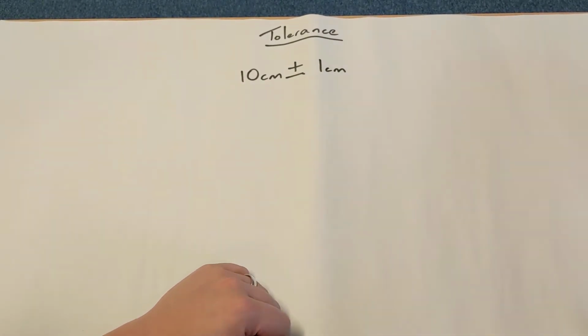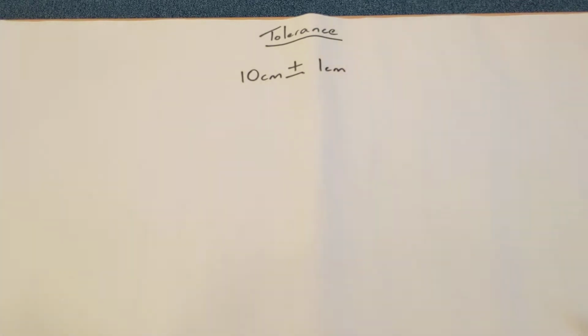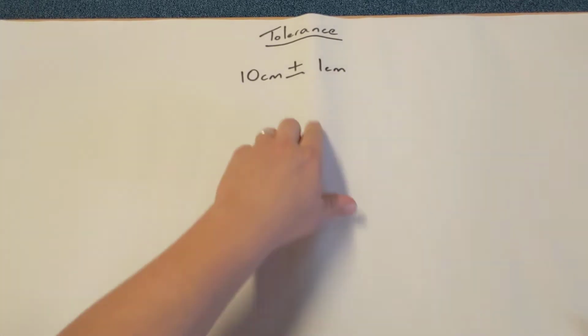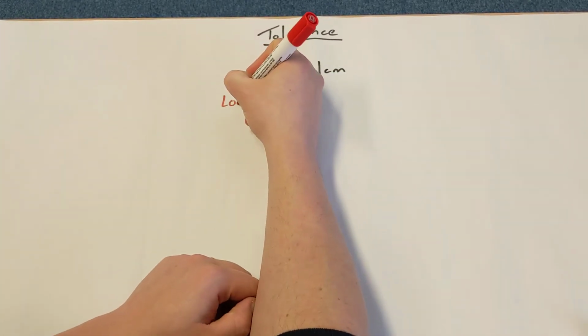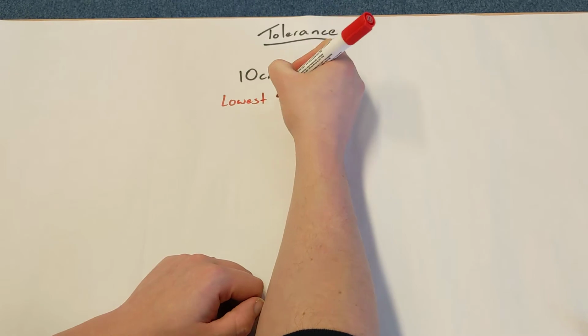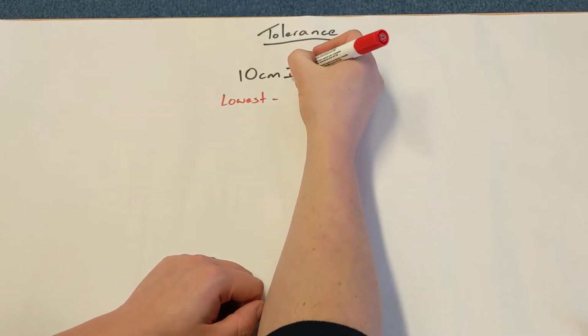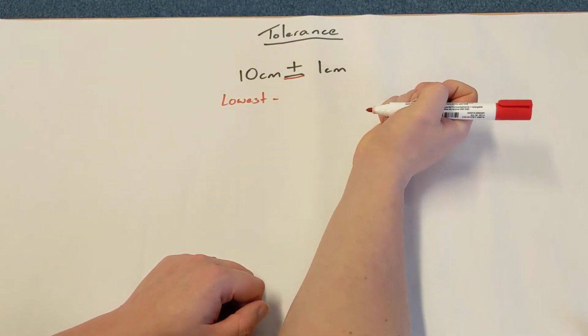So in this situation, if you were told that something had to be 10 centimeters long, plus or minus 1 centimeter, you might be asked what the lowest and highest values could be that fit that. So the lowest here, that's going to be your 10 centimeters minus 1 centimeter.